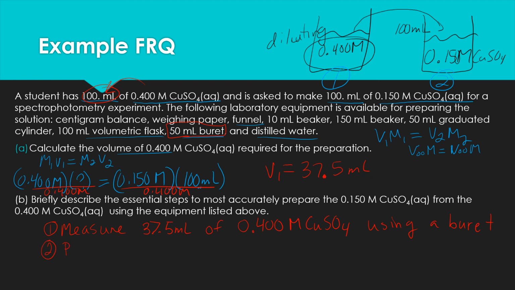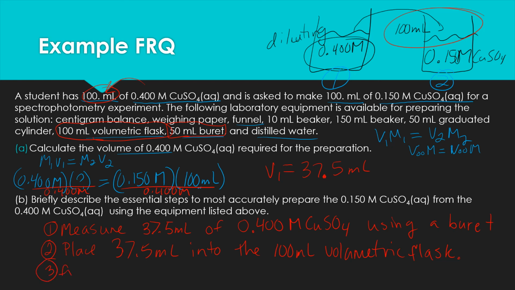And then we're going to place the 37.5 milliliters into the 100 milliliter volumetric flask. We'll always use a volumetric flask for making a solution. Now, it's a 100 milliliter volumetric flask because we want to make 100 milliliters of solution. So that's perfect.